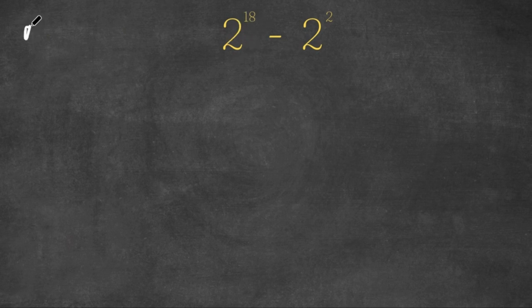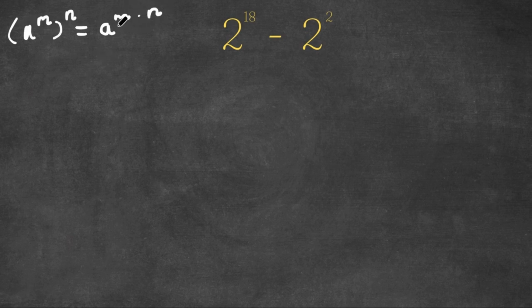So if we have something in the form a to the power of m to the power of n, this can be written as a to the power of m times n. And this same thing actually also works vice versa.